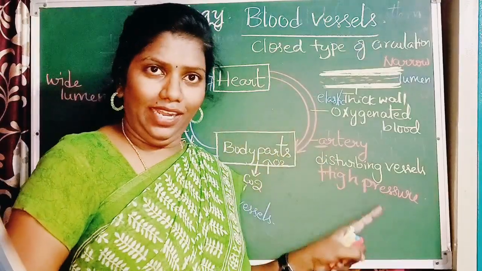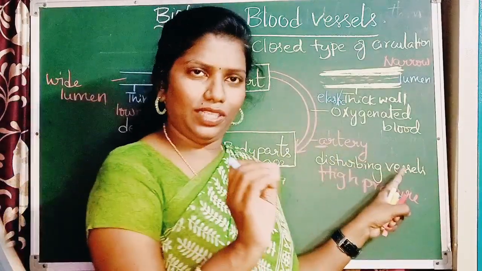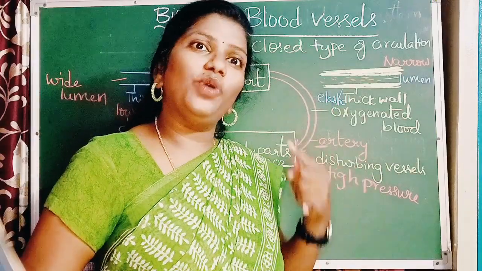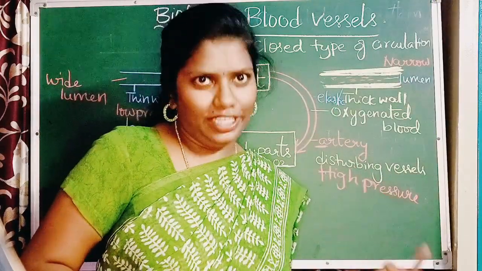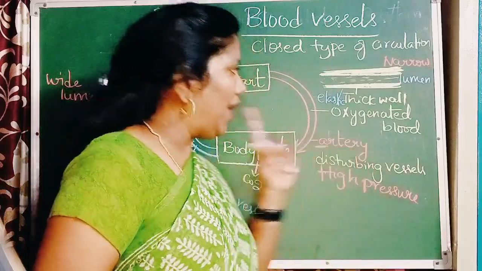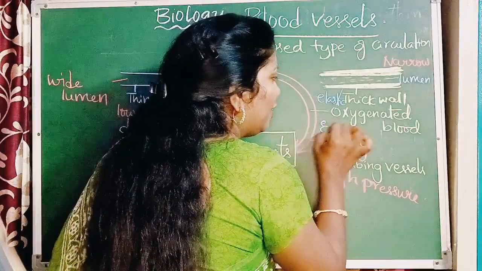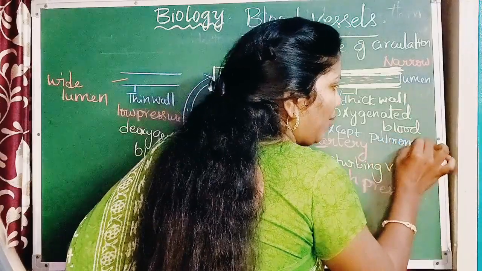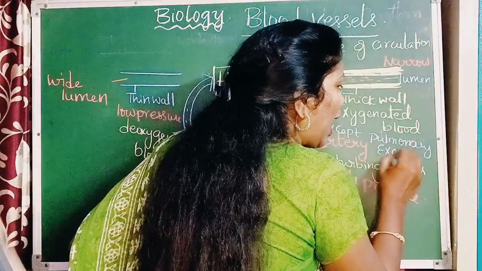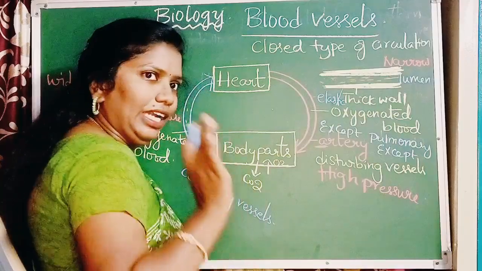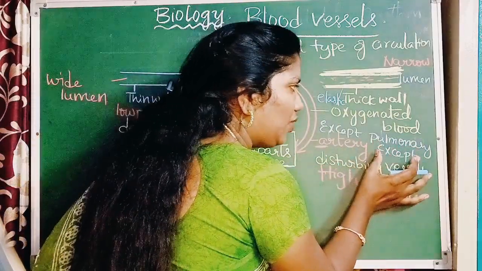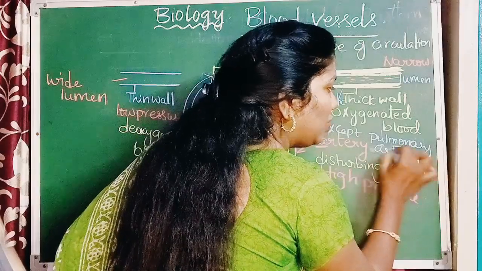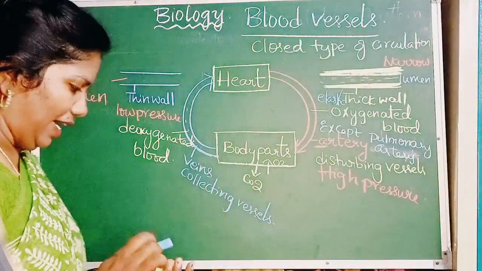All arteries carry oxygenated blood, except, as we will see in the next video, one vessel which carries deoxygenated blood in the arteries. So except pulmonary artery, all arteries carry oxygenated blood. That means this artery is carrying deoxygenated blood.